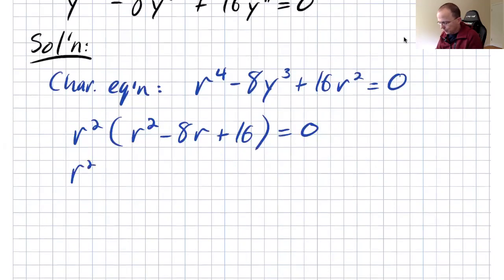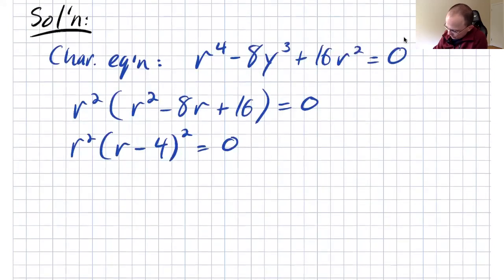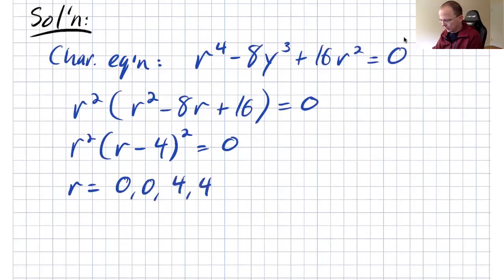And this term is actually a perfect square. It's r minus 4 squared. So there's our factorization that we need. So the roots are going to be 0, 0, 4, 4.